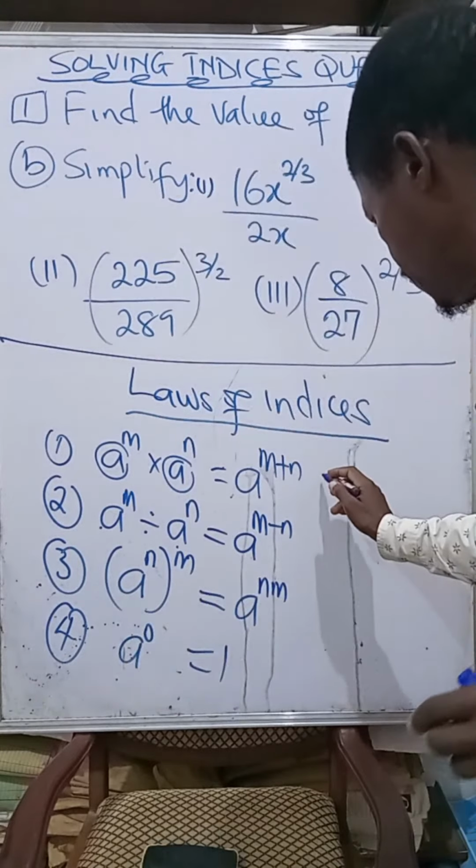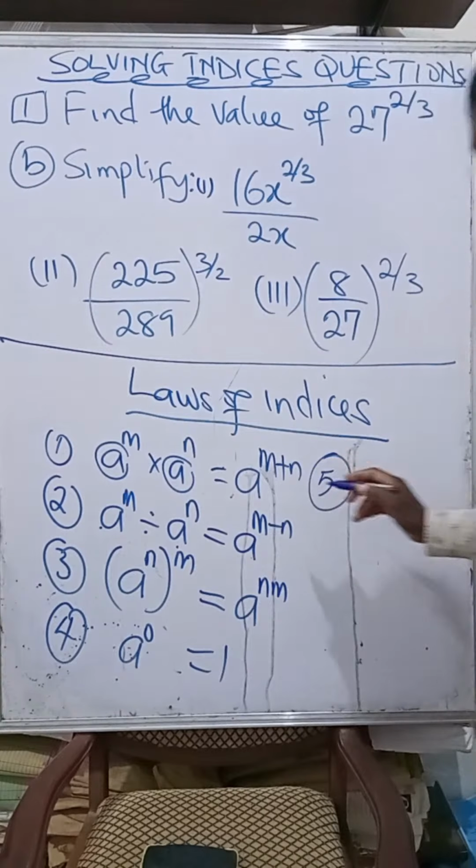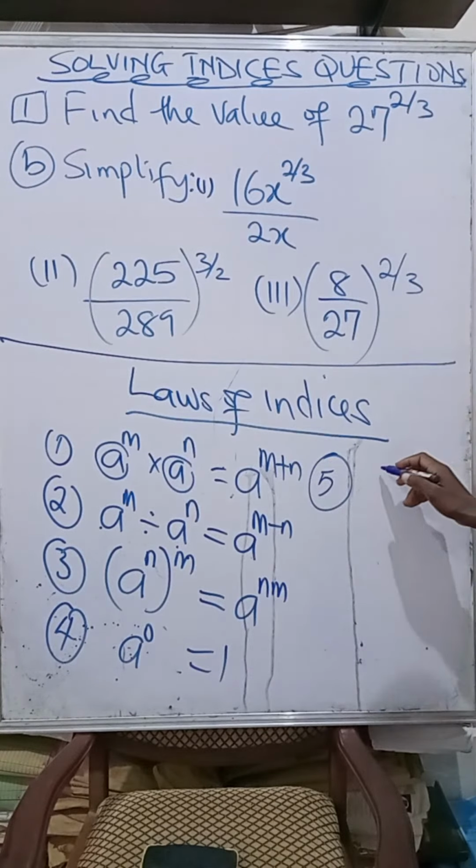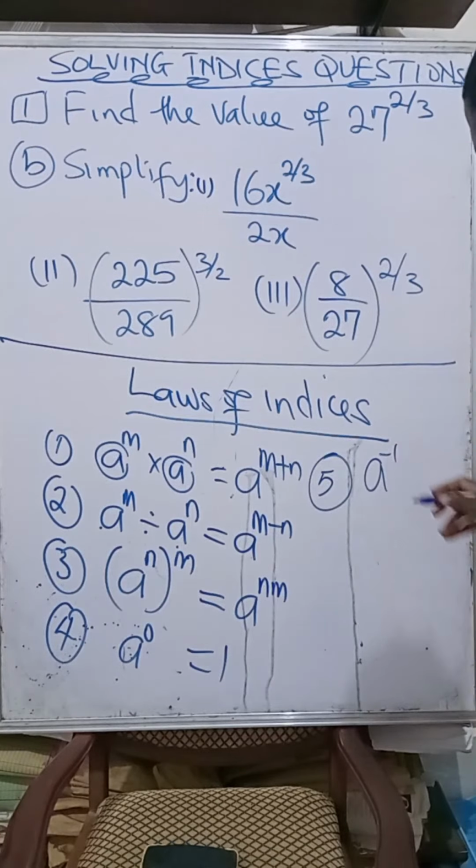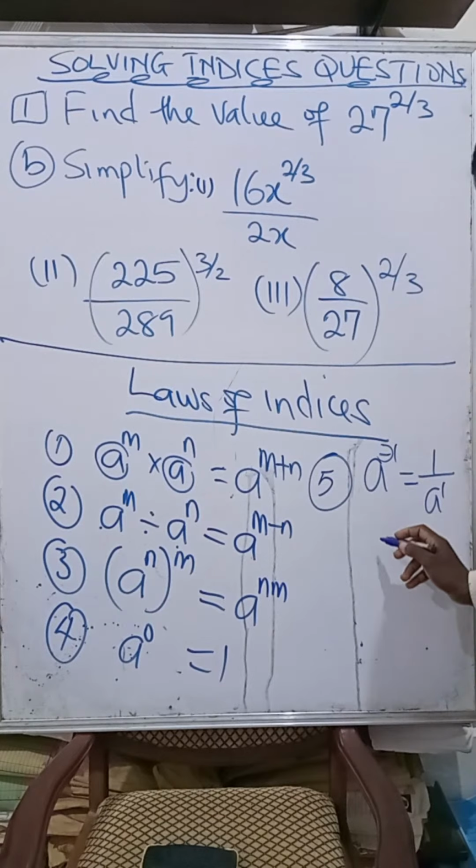Another one again, if you have a to power minus 1, the minus makes it 1 over a to power 1. And don't forget, anything to power 1 is that number. A raised to power 1 is a.